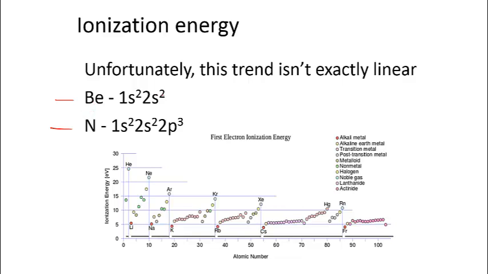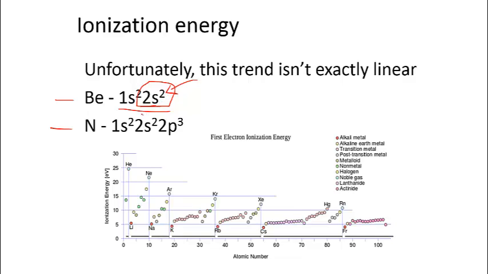Beryllium's electron configuration is 1s2, 2s2, and its 2s subshell is completely filled. So this leads to an additional stability for beryllium, and then therefore it will require additional energy in order to remove an electron from beryllium's outer shell, this 2s subshell rather.